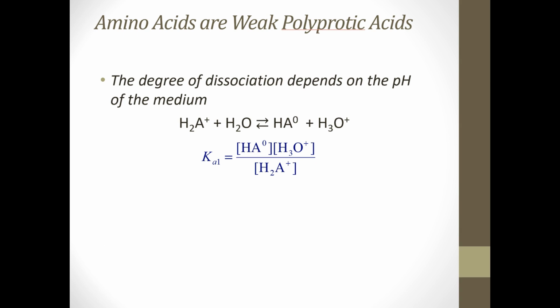So, coming back to the chemistry a little bit now that we've reviewed the structure and categories of amino acids. Amino acids are weak polyprotic acids, and there's lots of ways biochemists look at this.